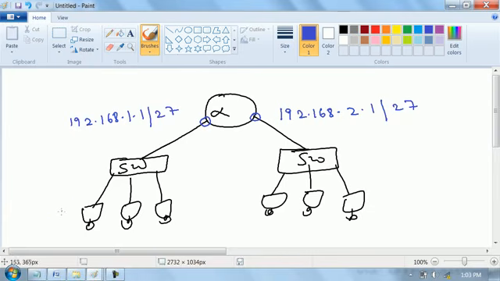To this user as 1.2 and this user 2.2. Any problem? Any issue? On these users, default gateway will be 1.1. On this user, 2.1, 2.1.